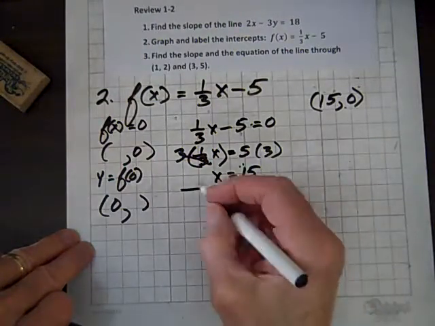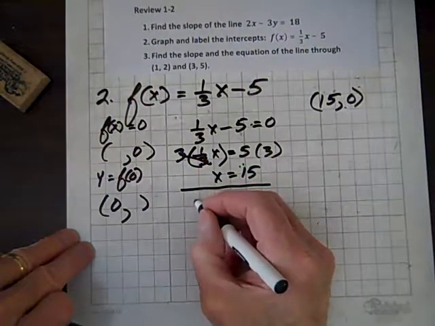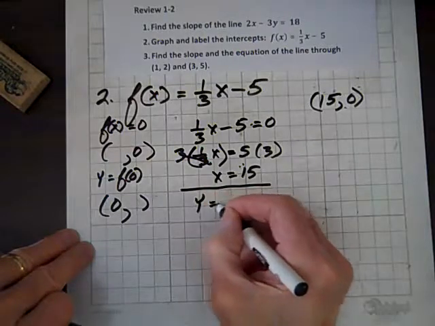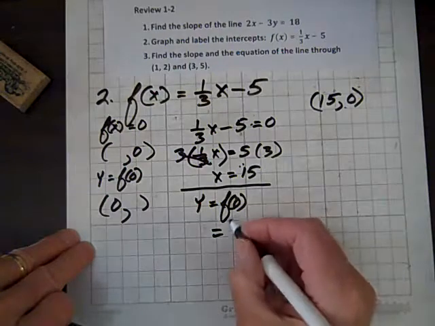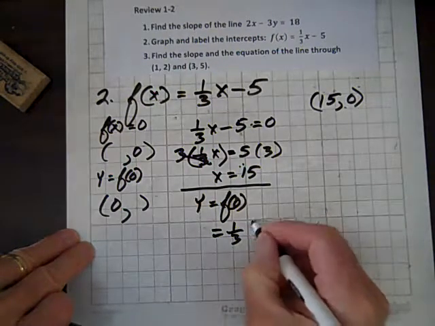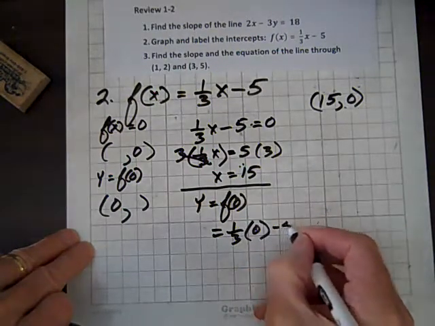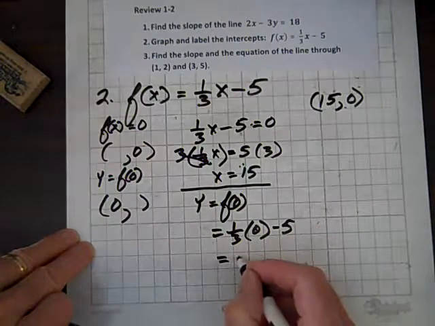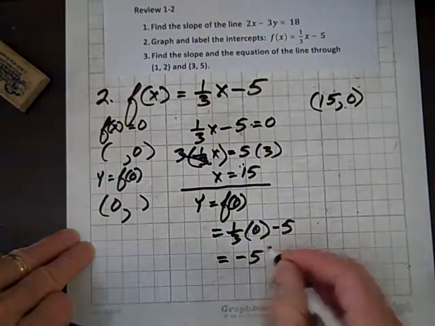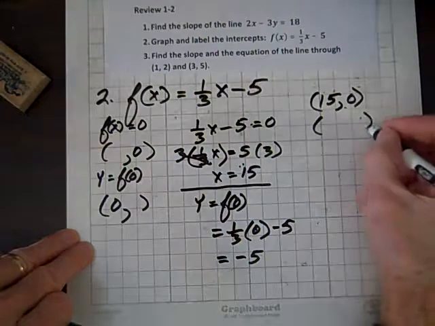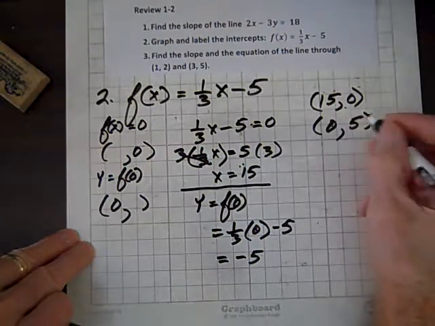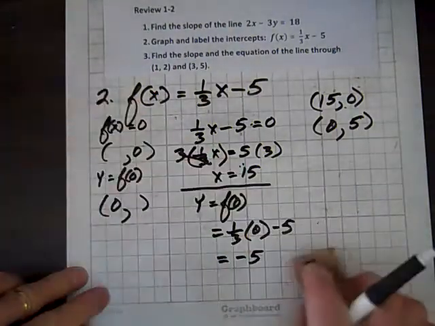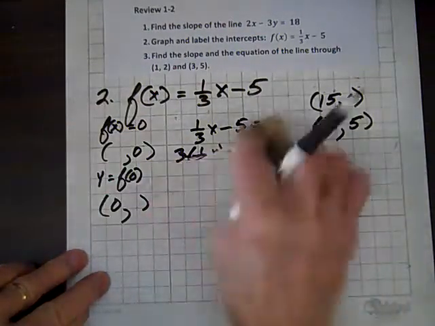Let's find the y-intercept. So we just evaluate y equals f of 0. In other words, 1/3 times 0 minus 5 equals minus 5. Now we've got the y-intercept, and keeping those in mind, let's do the graph.